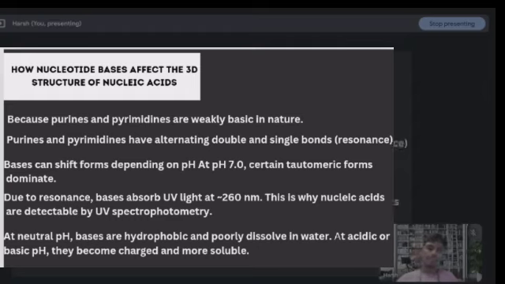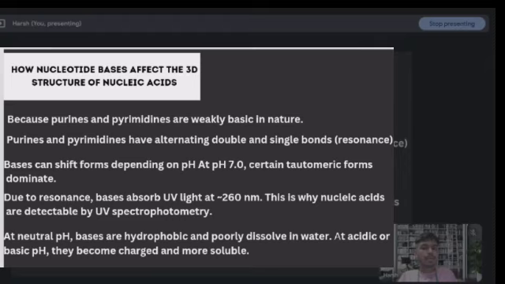Now, these nucleotide bases affect the three-dimensional structure of the nucleic acid. As I said, purines and pyrimidines are weakly basic in nature. Due to the basic nature, they are going to be weak.